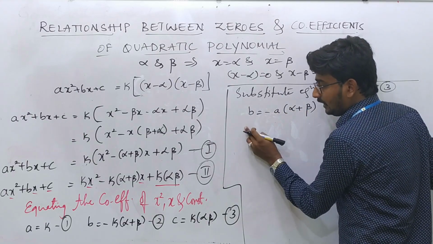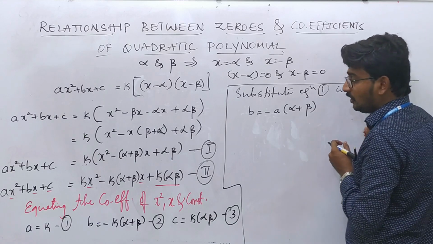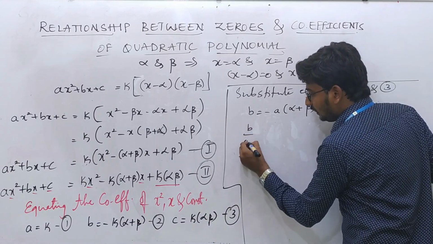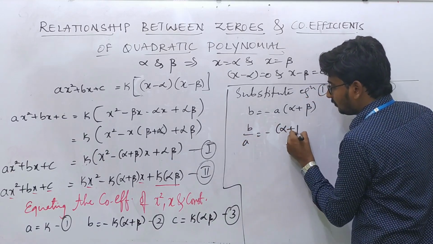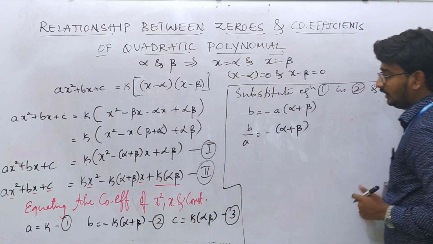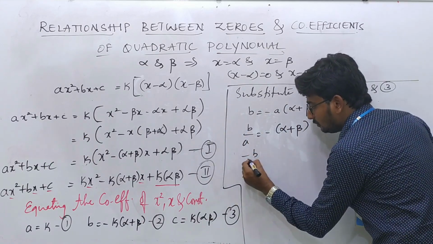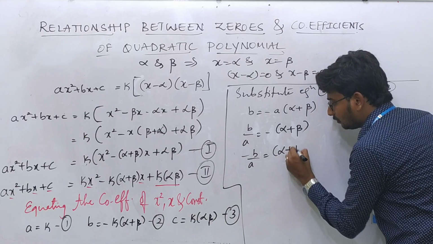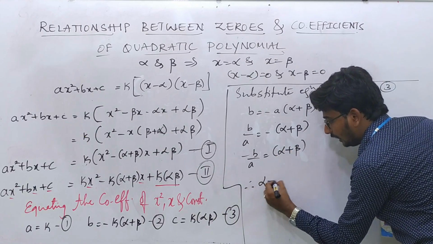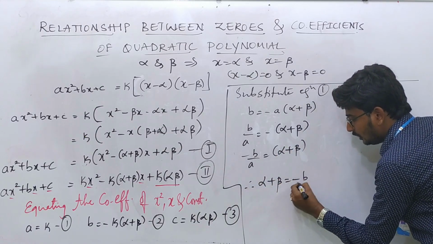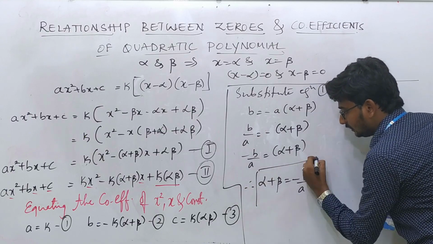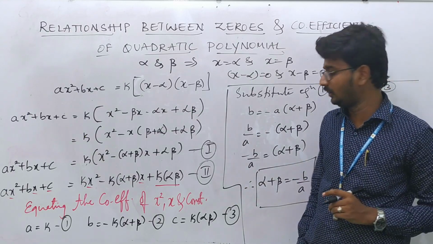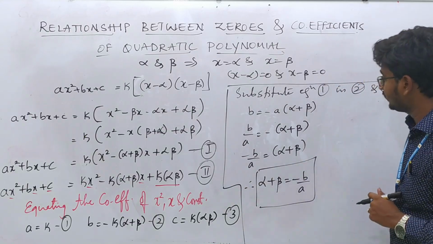Take a to the denominator of LHS, b by a is equal to minus of alpha plus beta. Take the minus sign to LHS, minus b by a is equal to alpha plus beta. Therefore, alpha plus beta is equal to minus b by a. This is how we get the sum of zeros, alpha plus beta, as minus b by a.